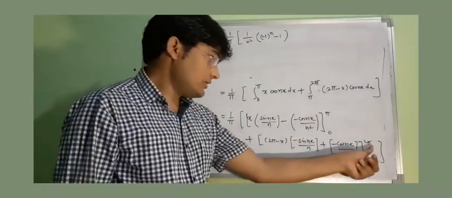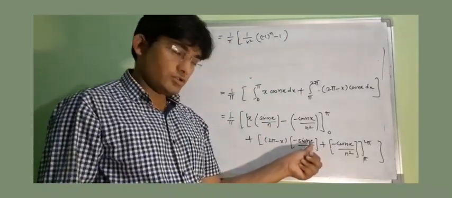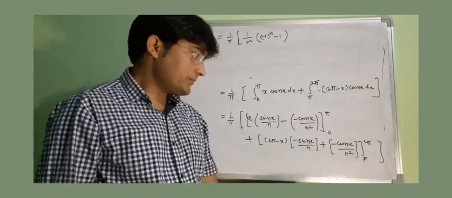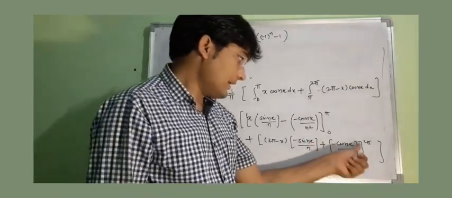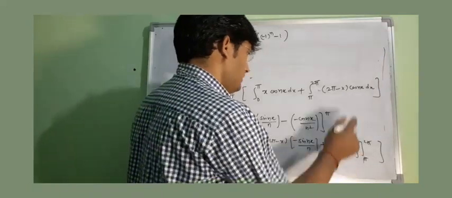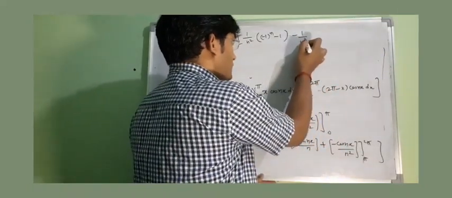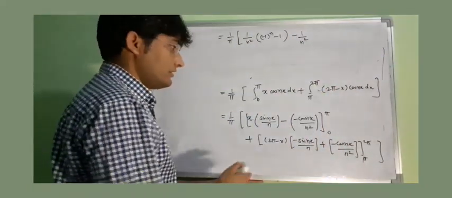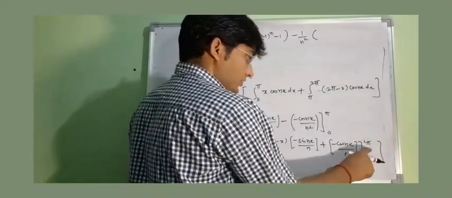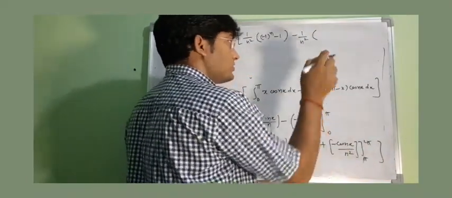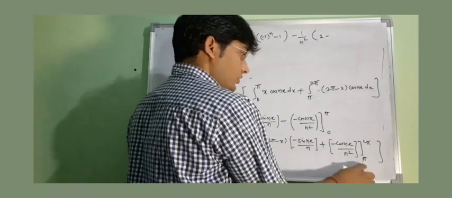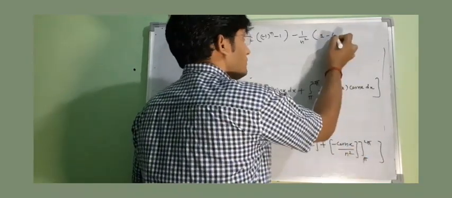Again here you can see that sin 2n pi is 0 and sin n pi is also 0. Again at this point we will have 1 upon n square, then in the bracket for the upper limit we will have cos 2n pi, which is 1, and for the lower limit we will have cos n pi, which is minus 1 power n.